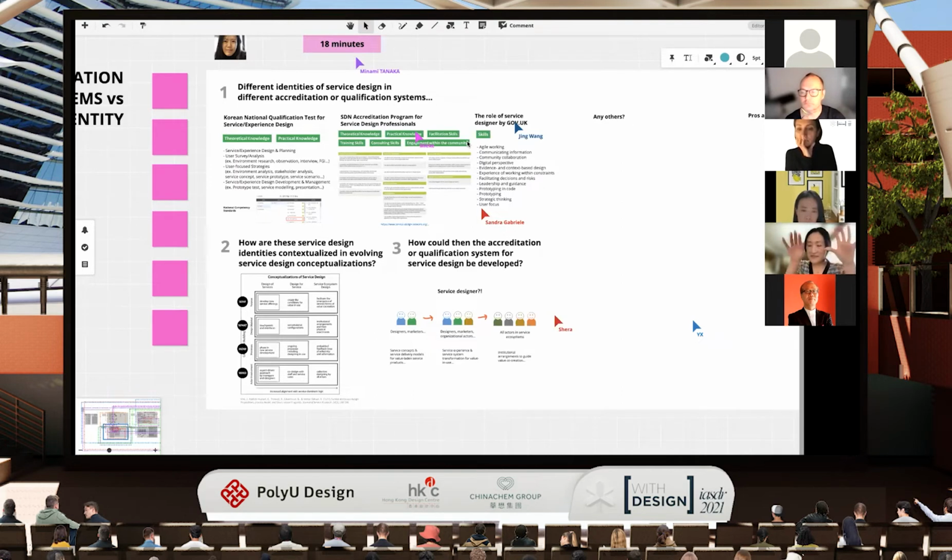The service designer is actually in the middle, which means a service designer should facilitate and also run a lot of the business side, the customer side, and they also need to understand the ecosystem with the service delivery as well as the business values. So my question is, how can we actually distinguish the service designer's role in the organizations or bigger ecosystem, or what could be challenges for the service designers?